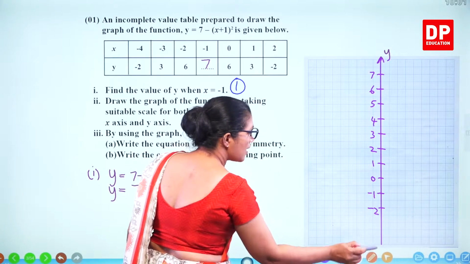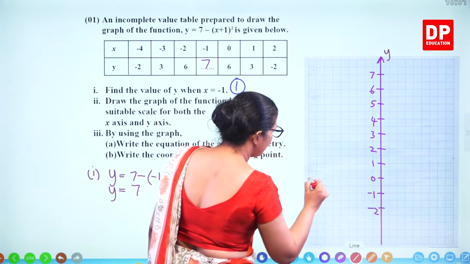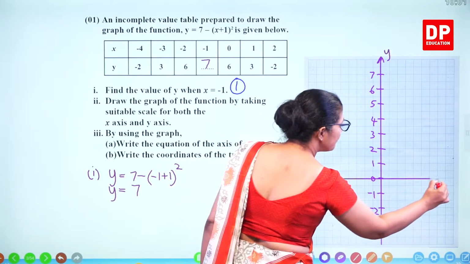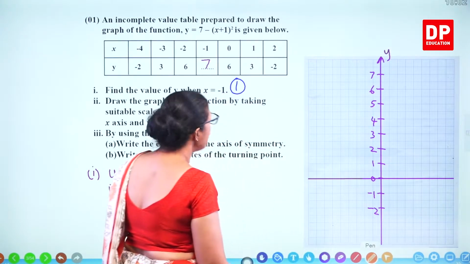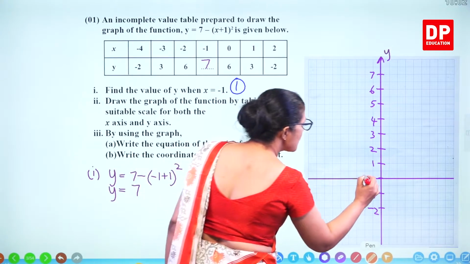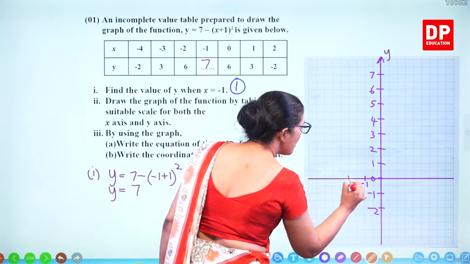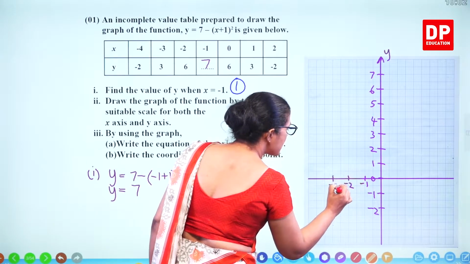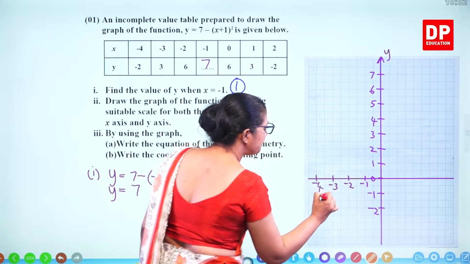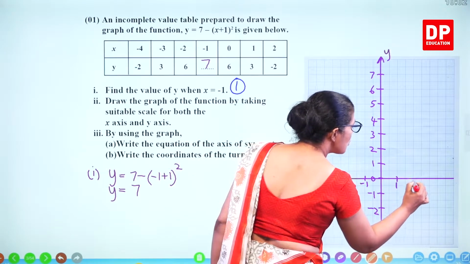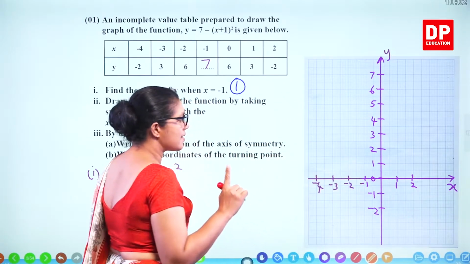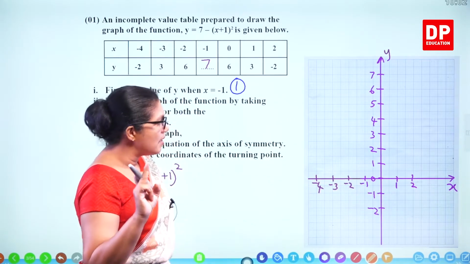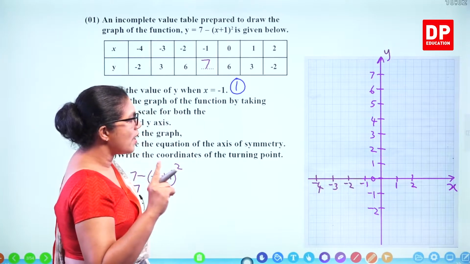And that's the x-axis now here. I took 10 squares, 10 small squares, 1 unit. So this is minus 4. Minus 1, minus 2, minus 3, minus 4 here. 1, 2. And this is the x-axis and y-axis. So 10 small squares is 1 unit.